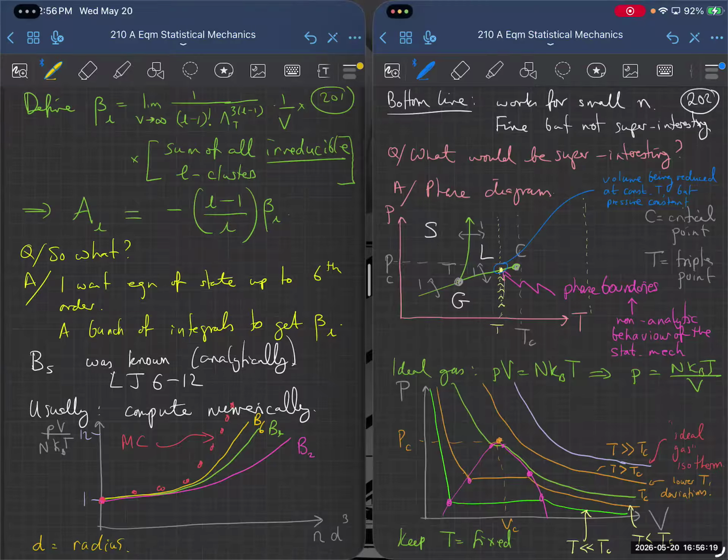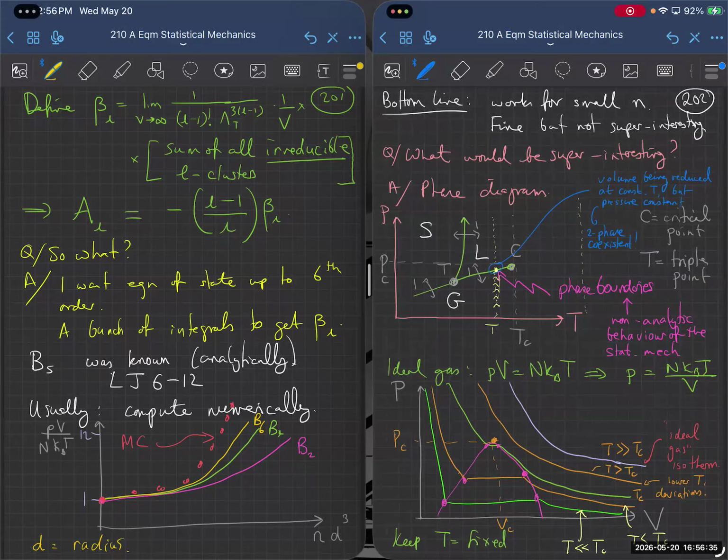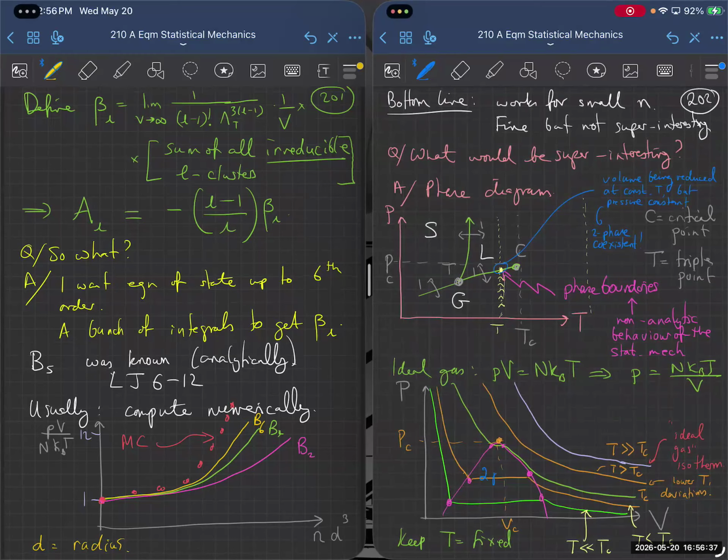The reason for that is two-phase coexistence, and that's what a phase boundary is. And then I come out the other side. So this part of the phase diagram is two-phase coexistence, and that's what's happening inside this thing here. And this purple line is called the coexistence curve.